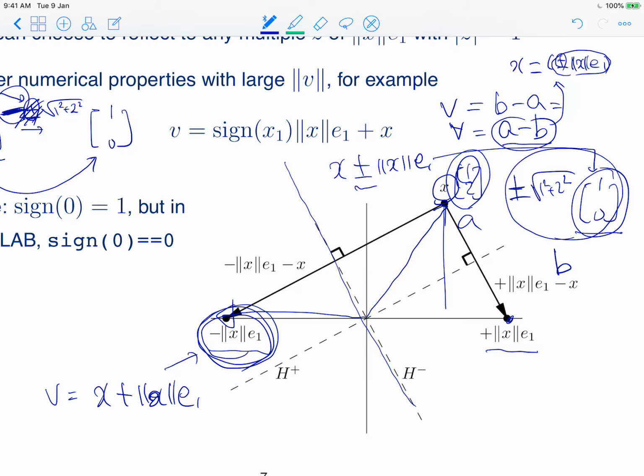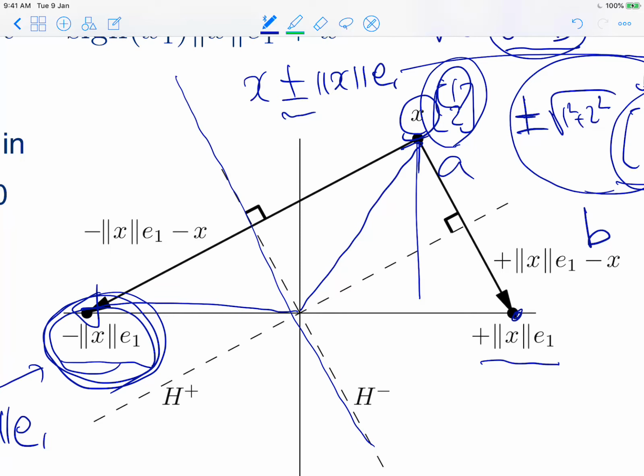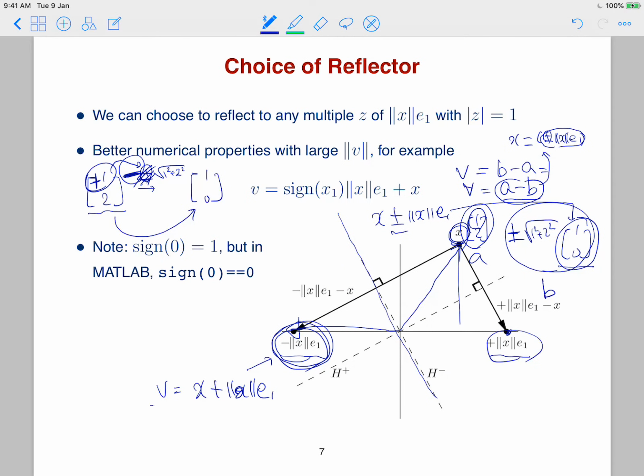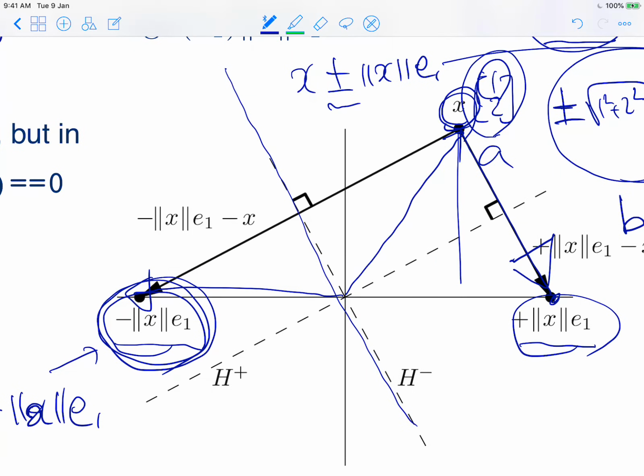And why is it so? The reason is, reflecting this guy onto this guy that has the same sign, our vector v is represented as this guy, right? And if we choose the reflection point that has a different sign in the first dimension, then vector v has this guy, right?